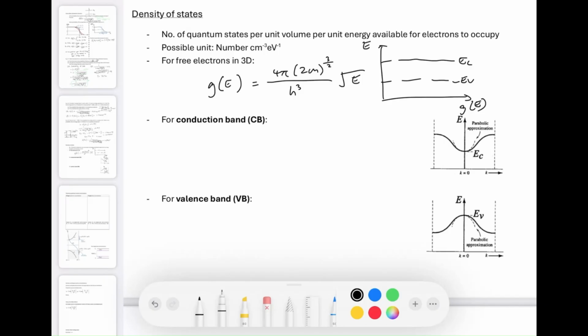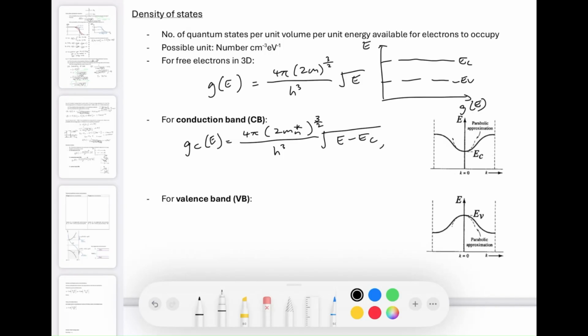In the conduction band, the density of states at energy E is equal to 4 pi, where this is the effective mass of an electron to the power of 3 over 2, over h cubed, times the square root of E minus EC, the distance between that energy and the conduction band. If you look at one of the past videos, near the bottom of the conduction band we can have a parabolic approximation.